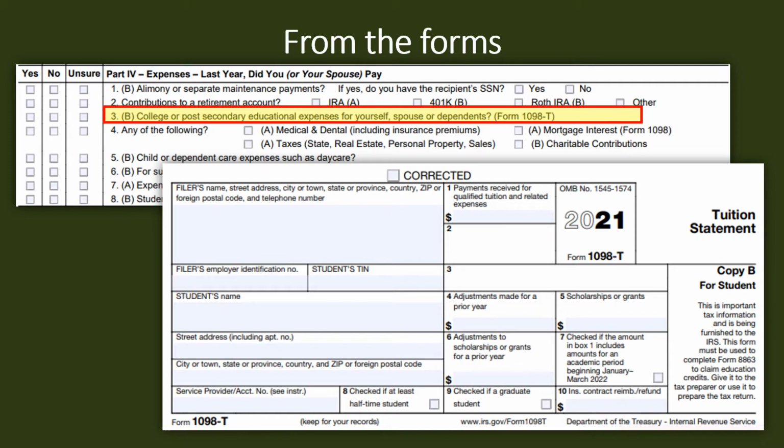So if they have that little box checked, we're going to be thinking, maybe this person is going to be taking education credits. And then there's also an informational form that our taxpayers will most likely be bringing in. It's this Form 1098-T for tuition, and that would be given to them by their educational institution.